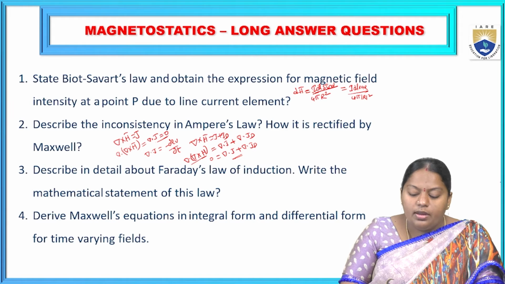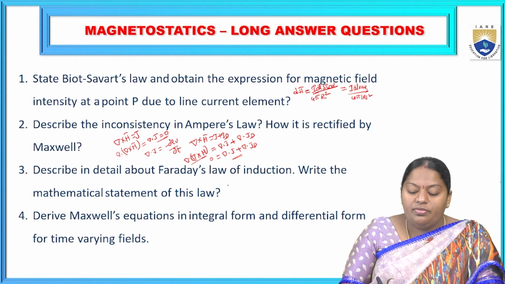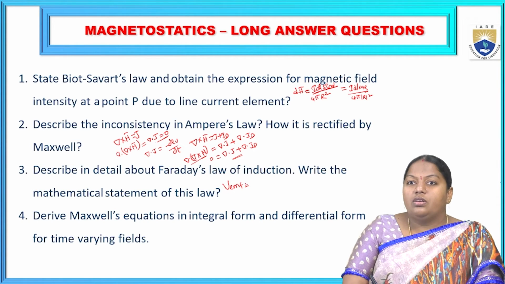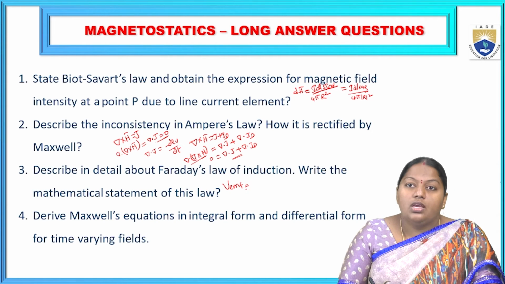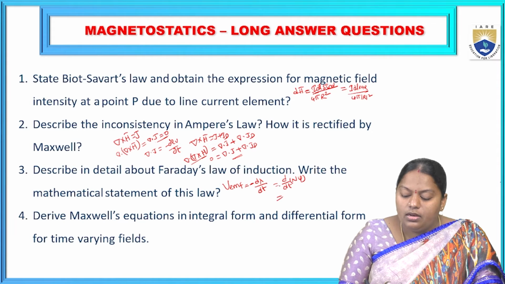Let's describe in detail Faraday's law of induction and write the mathematical statement of this law. According to Faraday's experiment, he concluded that the induced EMF in any closed circuit is directly proportional to the time rate of decrease of the magnetic flux linkage, and it is given by minus d lambda by dt, which is equal to minus d lambda by dt into N psi, then minus N into d psi by dt.